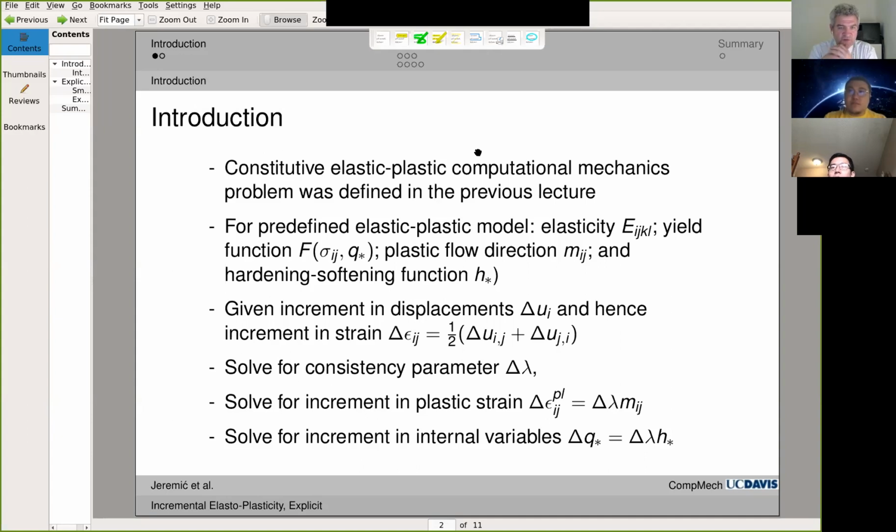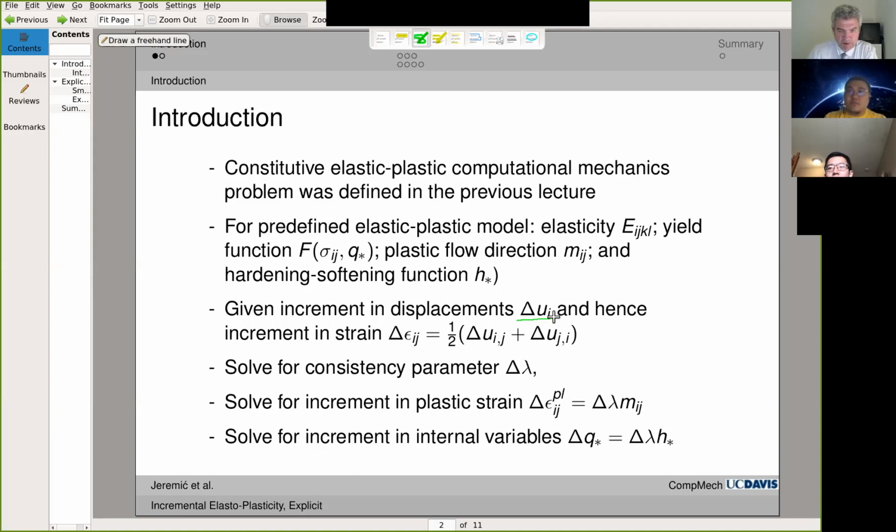You remember we defined the actual elastic plastic problem in previous lectures. We define the elastic plastic model: we define elasticity, yield function, plastic flow directions, and hardening softening function. And from the finite element level, we have an increment in displacements given here.